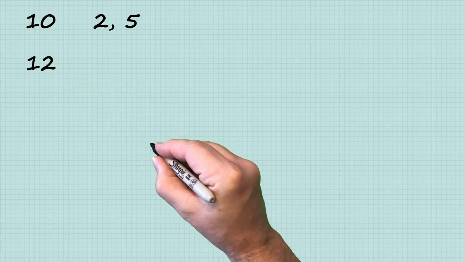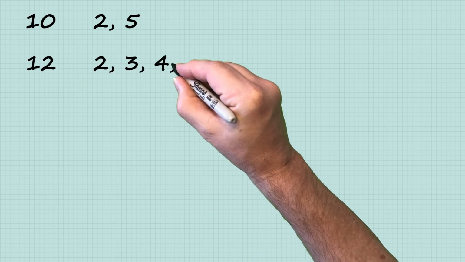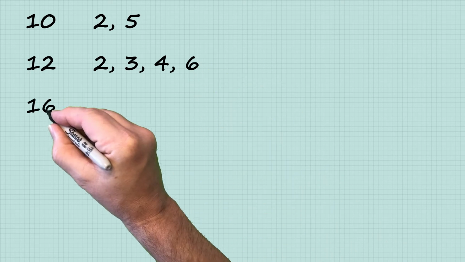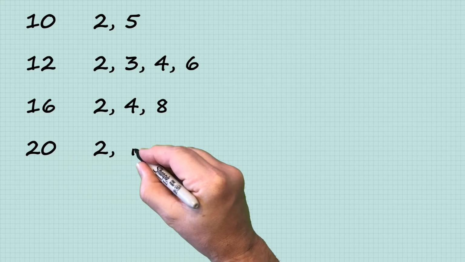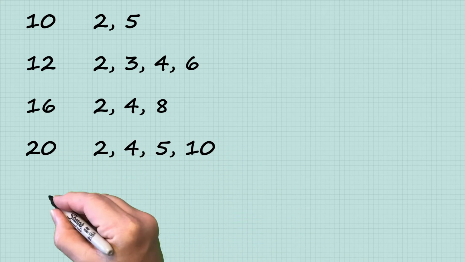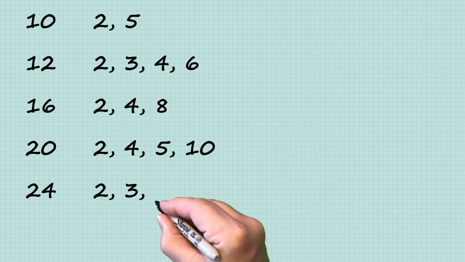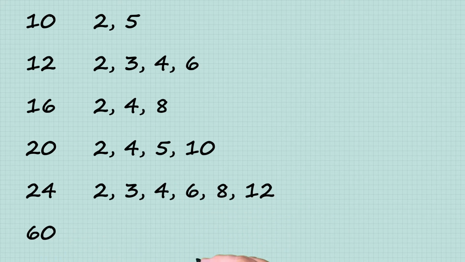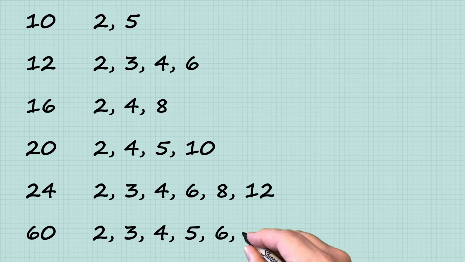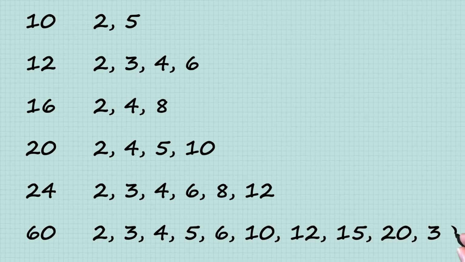Other numbers would be a better choice. 12, for example, can be divided by 2, 3, 4 and 6. 16 can be divided by 2, 4 and 8. 20 by 2, 4, 5 and 10. 24 by 2, 3, 4, 6, 8 and 12. And 60 by a whopping 2, 3, 4, 5, 6, 10, 15, 20 and 30. Do these look familiar? Maybe our ancestors weren't as crazy as we thought.